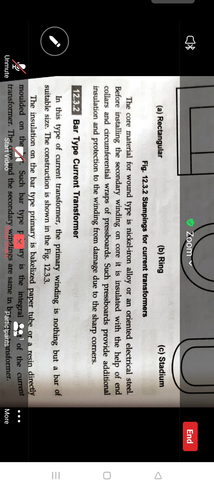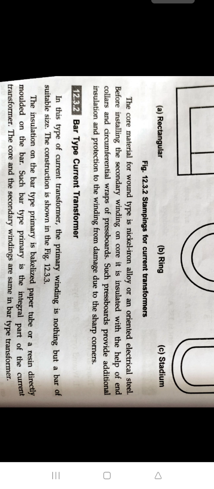Now the second one is the bar type current transformer. In this type of current transformer, the primary winding is nothing but a bar of a suitable size. As I said earlier, in wound type the primary is wound on the secondary side, and here in bar type the primary winding is a bar of a suitable size. The insulation of the bar type primary is bakelite paper tube or a resin directly molded on the bar. Such a bar type primary is an integral part of the current transformer.